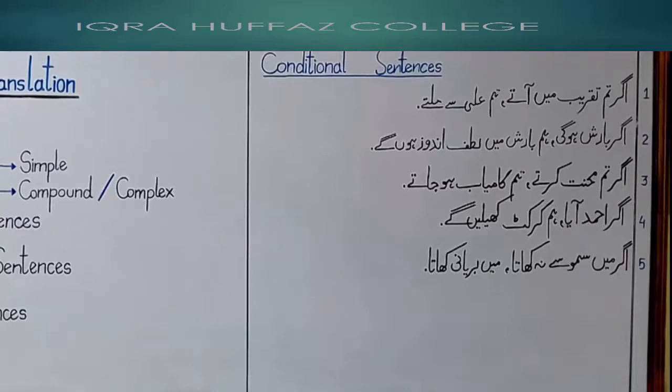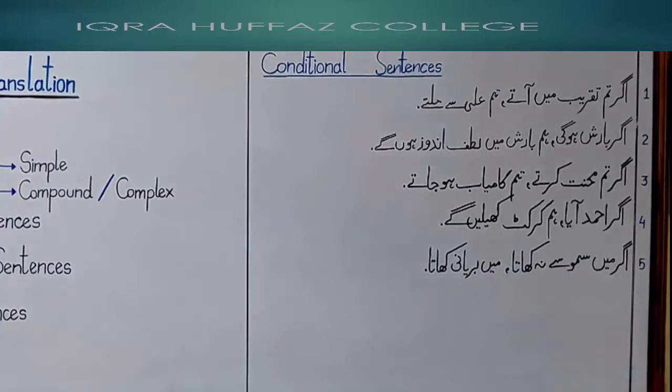You have to identify, as I told you, an instruction or a technique to identify the Urdu sentence, whether it belongs to type 1, 2 or 3. If that Urdu sentence talks about past, pure past, and that past is unreal, then that sentence belongs to type 3.